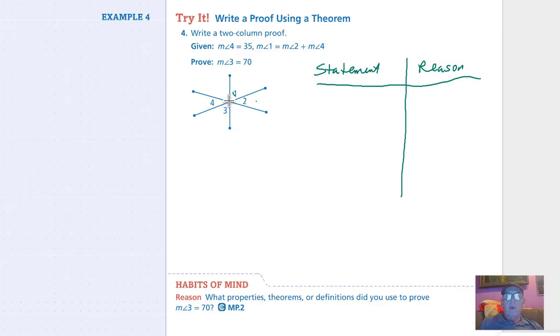And angle 3 and angle 1 are congruent because those are vertical angles. So if we look at 2 and 1, let's see what we got here. Get this out of the way.